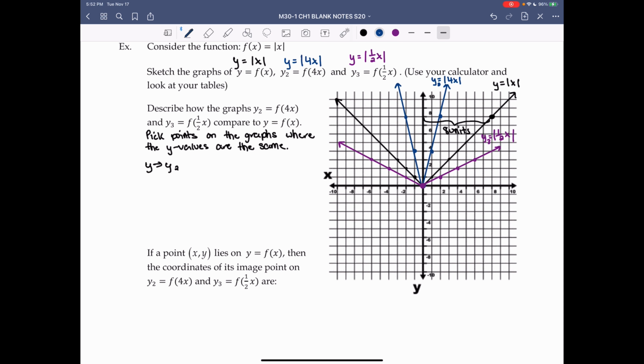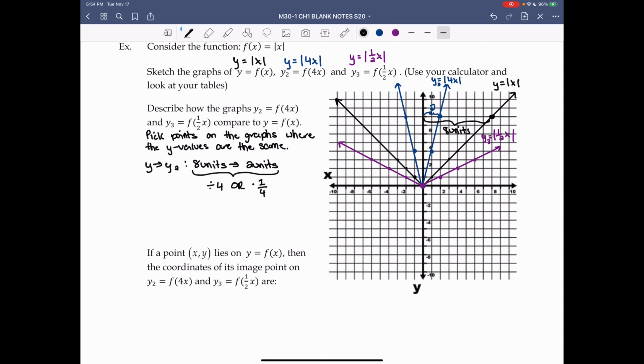For y2, that point has a y value of 8, but the x value is only 2, so that is 2 units from the y-axis. So to go from y to y2, we start with 8 units, and then we go to 2 units. To go from 8 units to 2 units with the same y value, we would have to divide by 4, or you can multiply by 1 over 4.